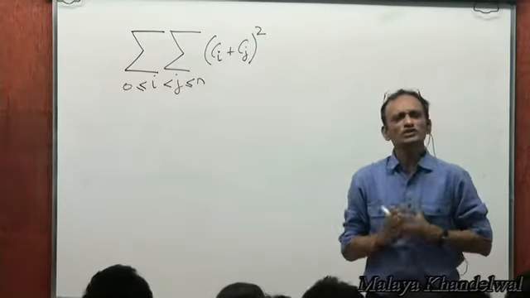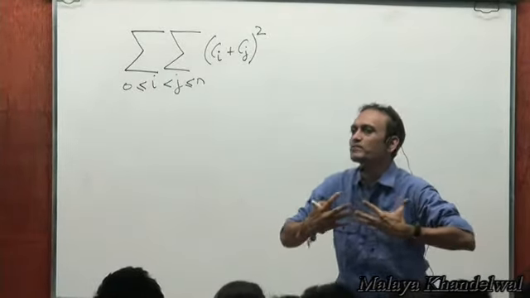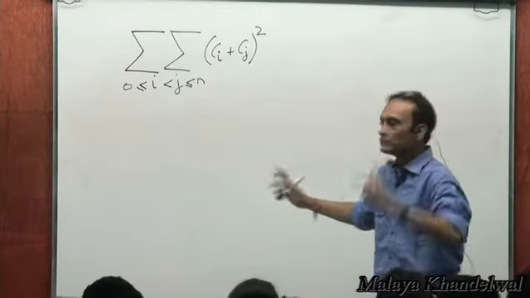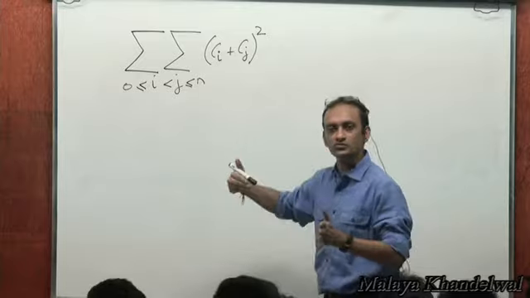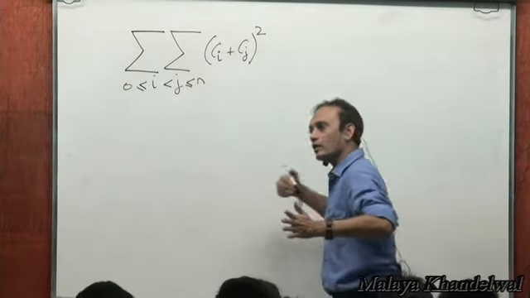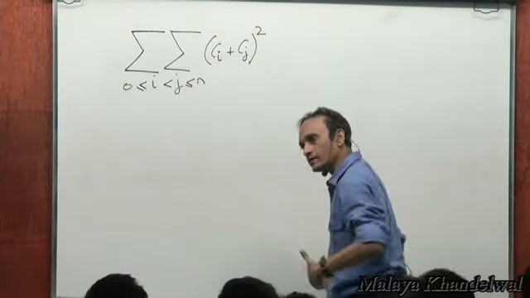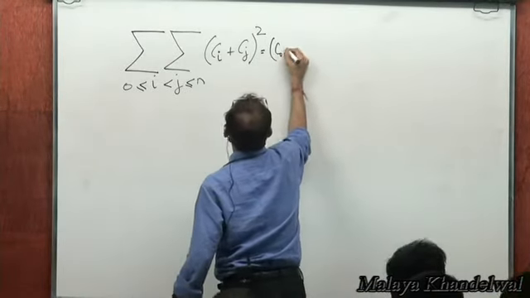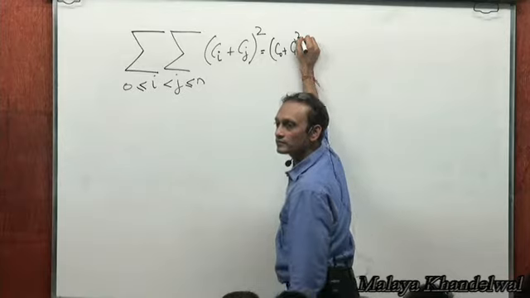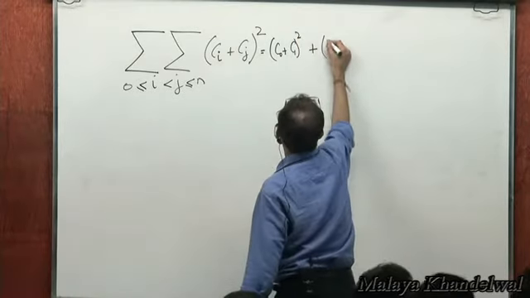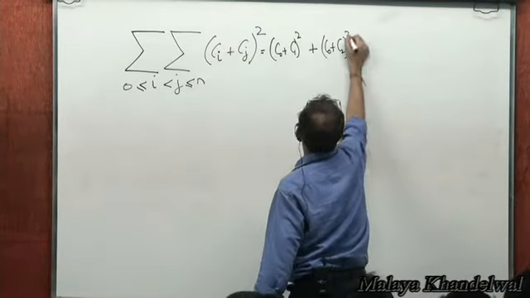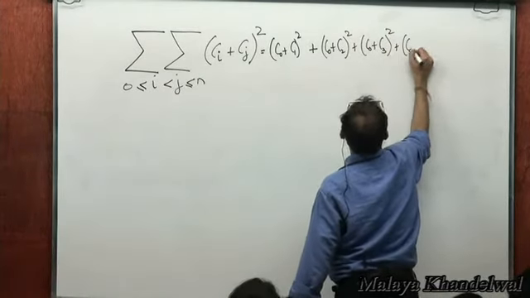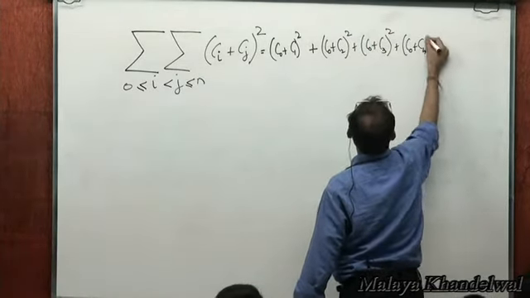Right? So first of all, systematically spread these terms out. Very systematically, let's spread these terms out. The first row is dedicated to i equal to 0, the second row for i equal to 1, i equal to 2, up to i equal to n minus 1. These would be our different rows. So the first row is (C0 plus C1) whole square, i equal to 0, j equal to 1, then i equal to 0, j equal to 2, i equal to 0, j equal to 3, i equal to 0, j equal to 4.